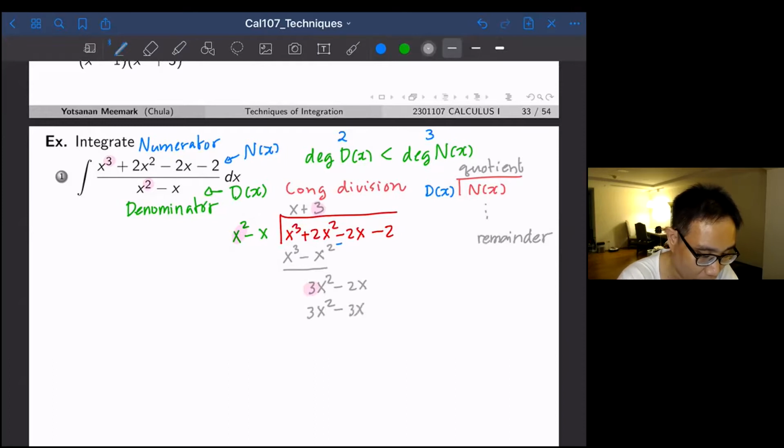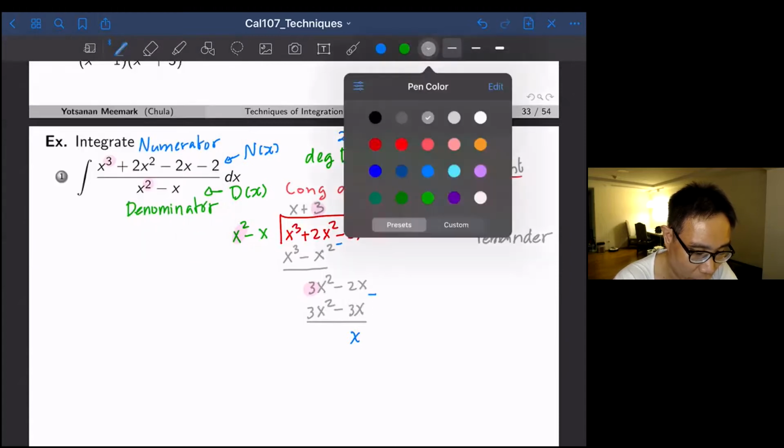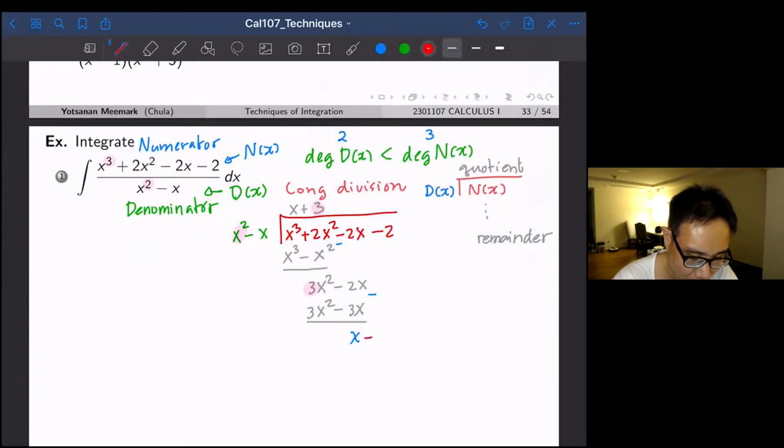So this is how we have this one. Then you subtract these two, so negative 2x minus negative 3x gives just x, and then you bring down the negative 2.